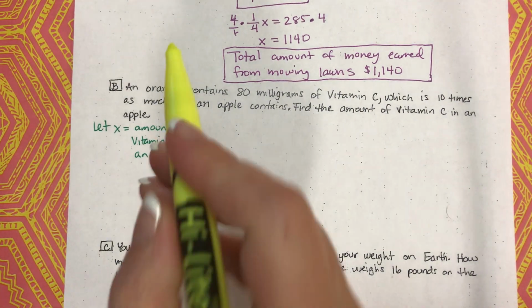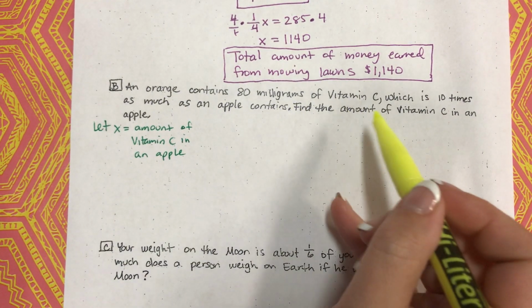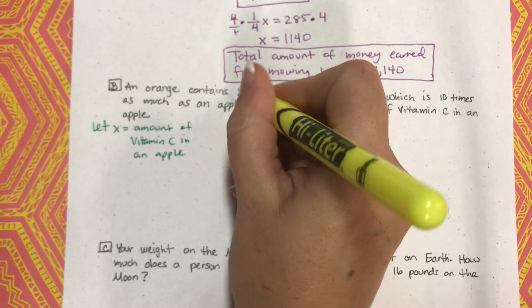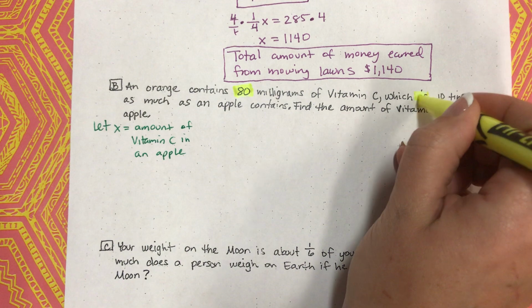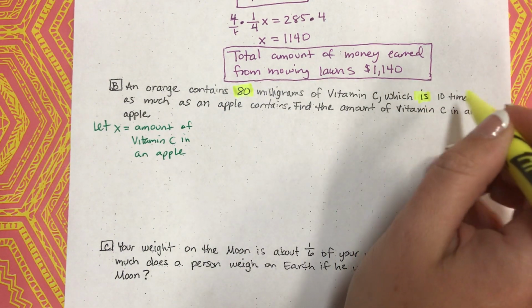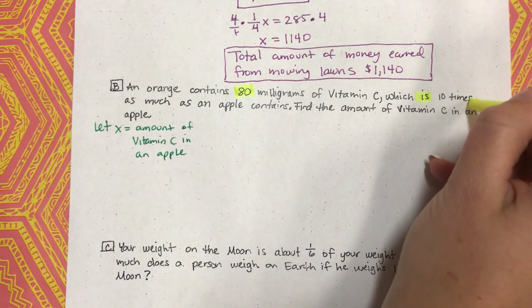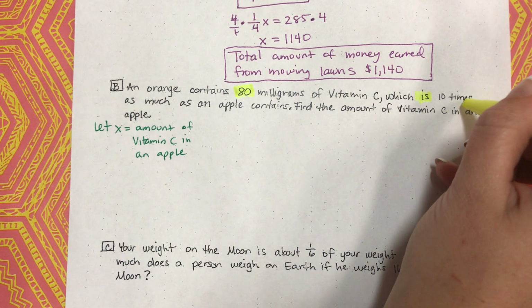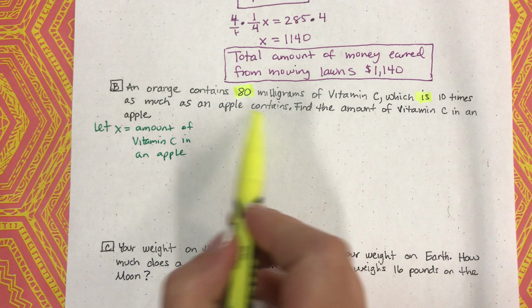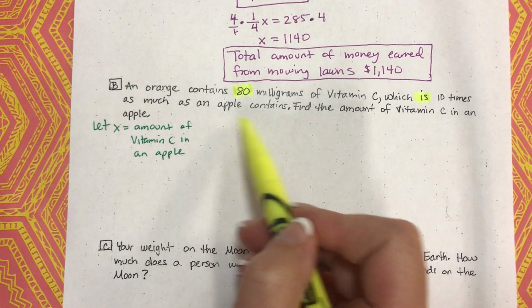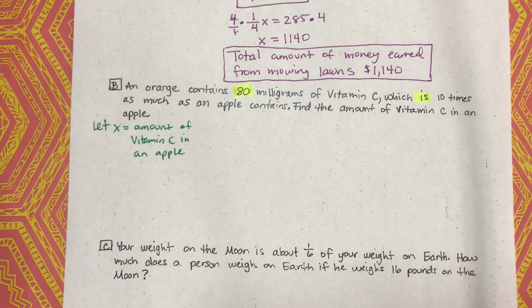It says an orange contains 80 milligrams of vitamin C, which is, so that's 80, means 80 equals 10 times, so 10 times is multiplication, as much as an apple contains. So as much vitamin C as in an apple. That's what that's referring to.